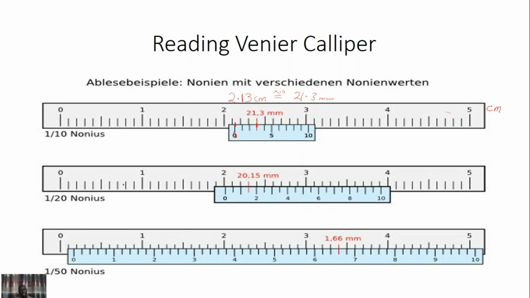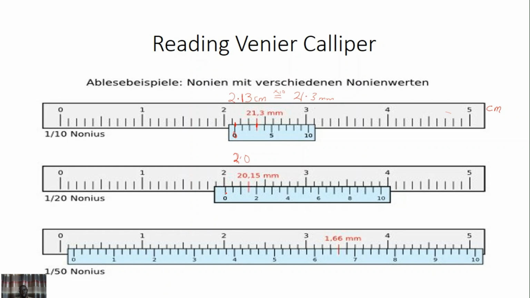Like I said, you look at the main scale first, and in the main scale, you look at the marking just before the Vernier scale starts. And if you look at this place, that is 2.0, right? Good.